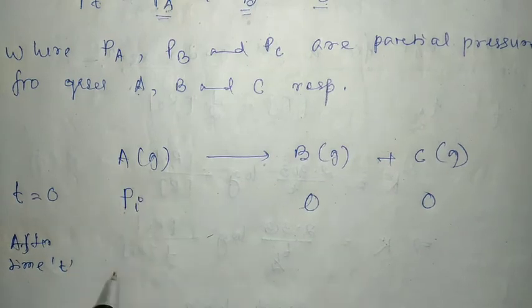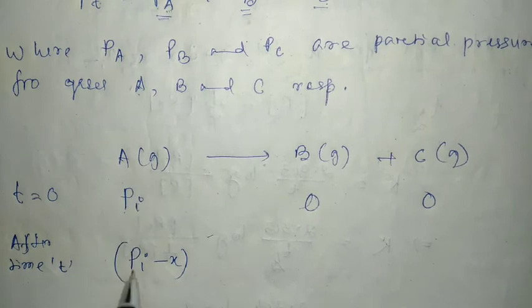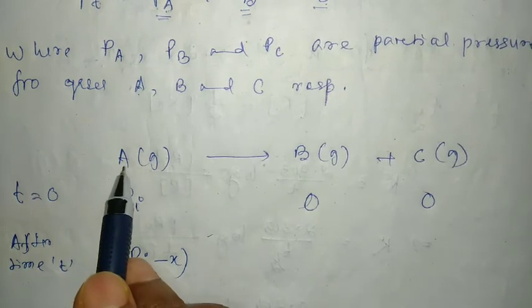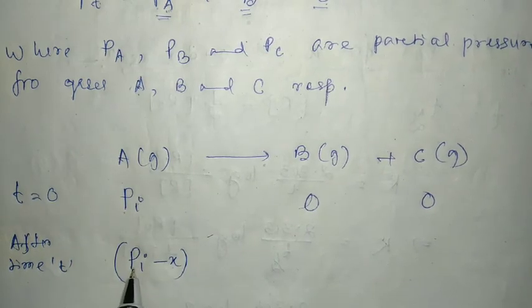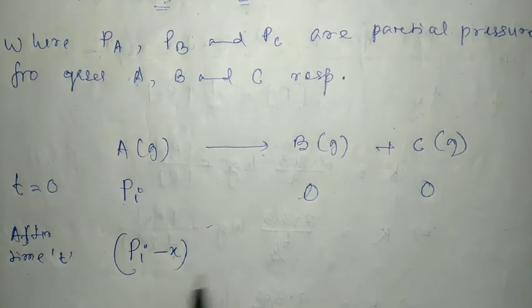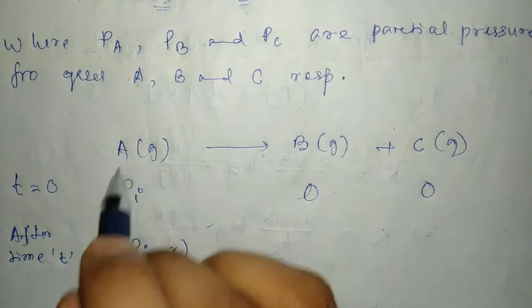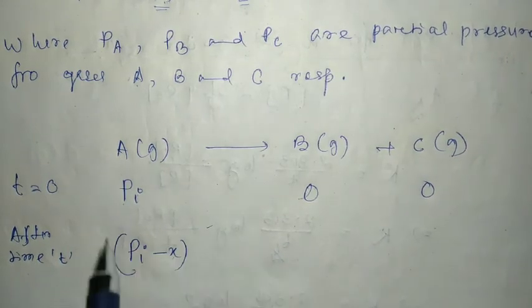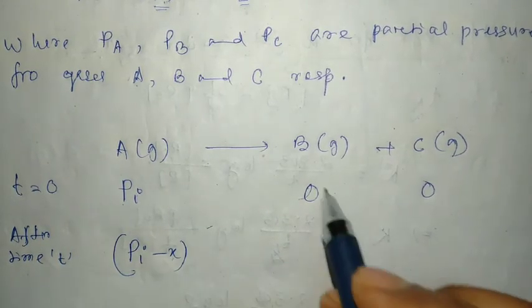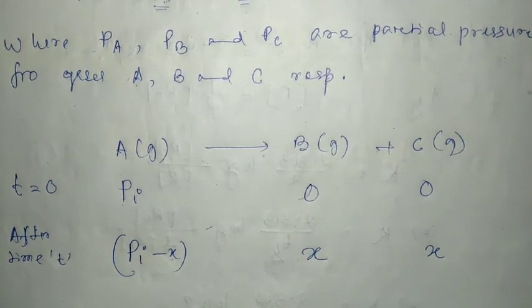Then A के लिए प्रेशर रहेगा कितना, Pi minus X. Pi is the initial pressure of gas A, X is the pressure decrease for A. So finally A के लिए कितना प्रेशर रहा, Pi minus X. और B के लिए प्रेशर बढ़ेगा क्योंकि A के लिए प्रेशर घट रहा है, रिएक्टेंट के लिए जब प्रेशर घटेगा, प्रोडक्ट के लिए प्रेशर बढ़ेगा. So A के लिए प्रेशर X घट रहा है, then B के लिए X बढ़ेगा, C के लिए X बढ़ेगा.